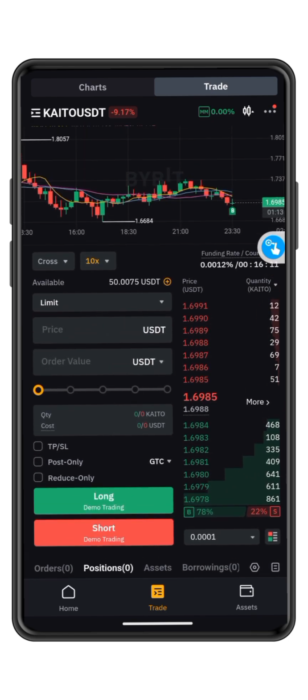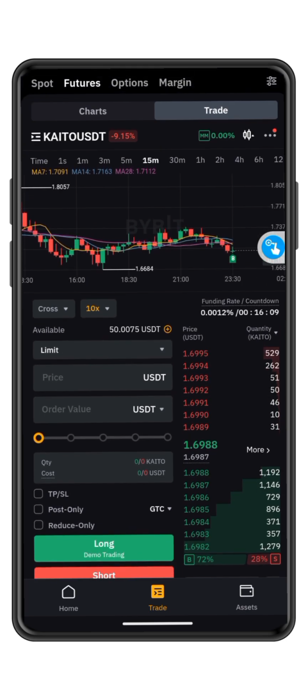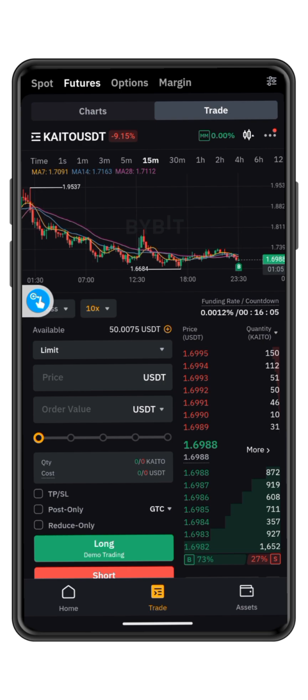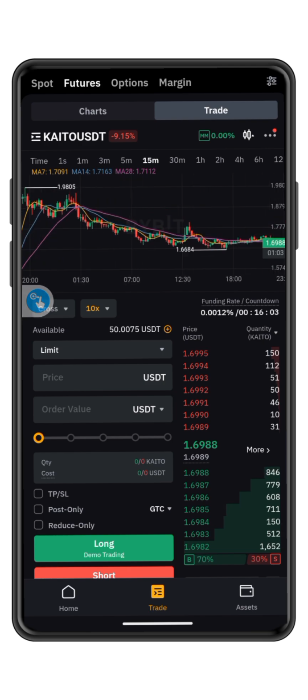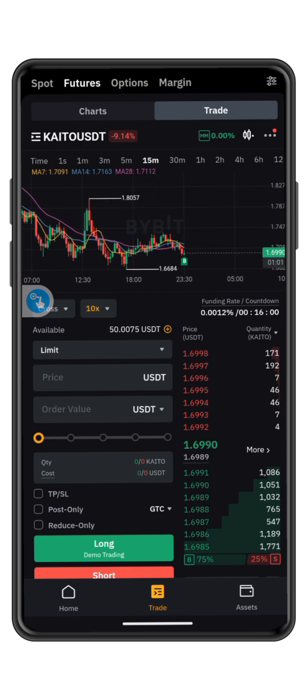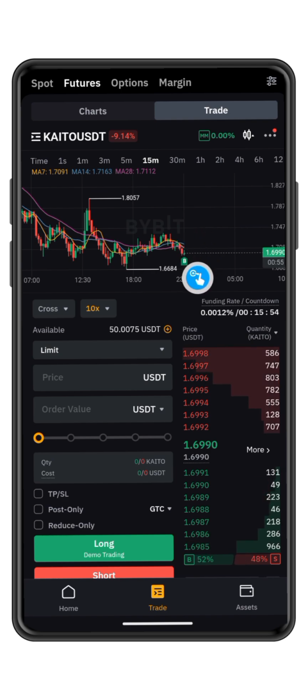What it means is that if I come back here on the chart, all right, let me show you something. I want to enter a short position again, meaning that I predict the price is going to keep dropping. But you don't just jump into the market, you enter the market from what the chart is telling you.